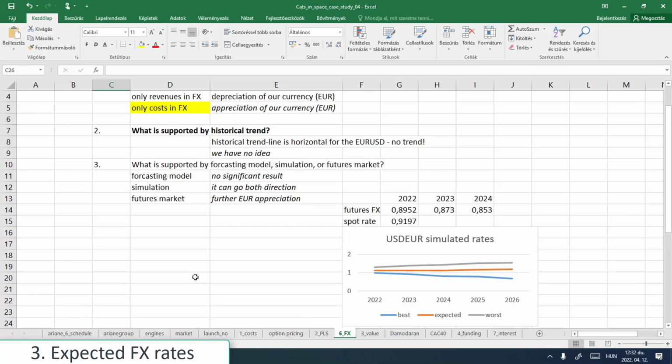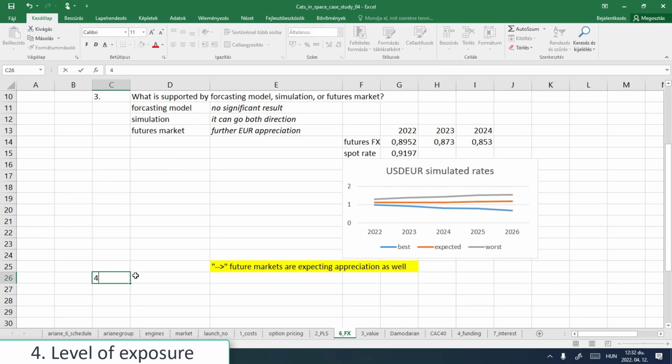Okay, then the next thing is we have to determine what the exposure is here, because after we calculated the exposure in US dollar, we have to determine whether this is relevant for us or not. So, fourth point, FX exposure in US dollar.